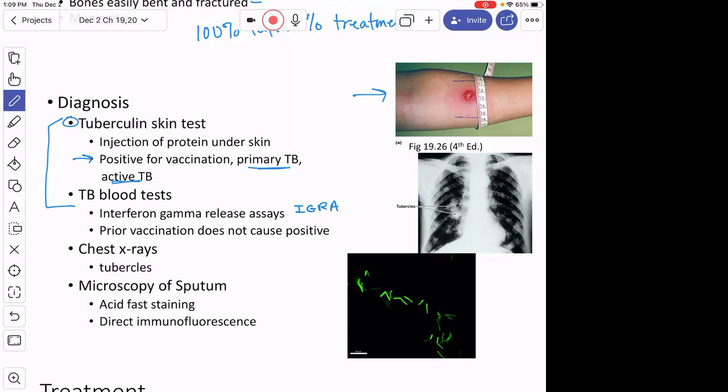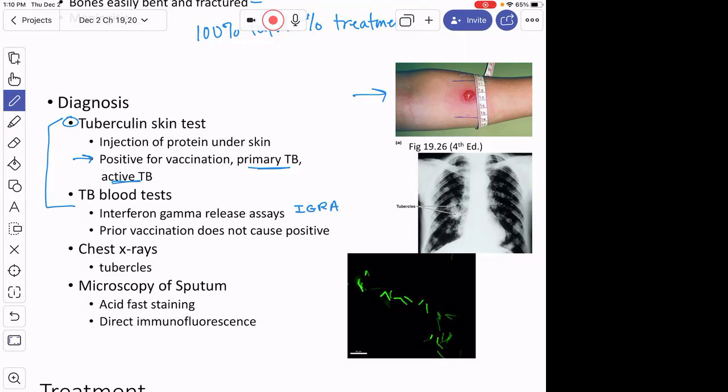This is talking about interferon gamma, which is a type 2 interferon that T cells will produce when they're exposed to a tuberculosis protein. I don't know exactly what it is that they use. They take the blood, add this TB antigen to it, and if you get a rise in gamma interferon, then that's a positive test.